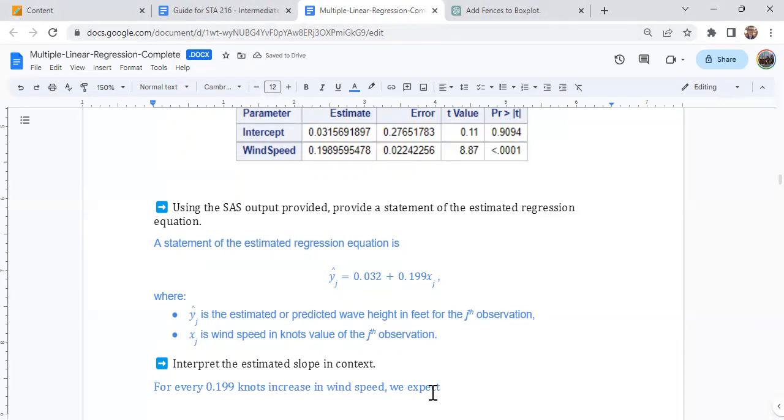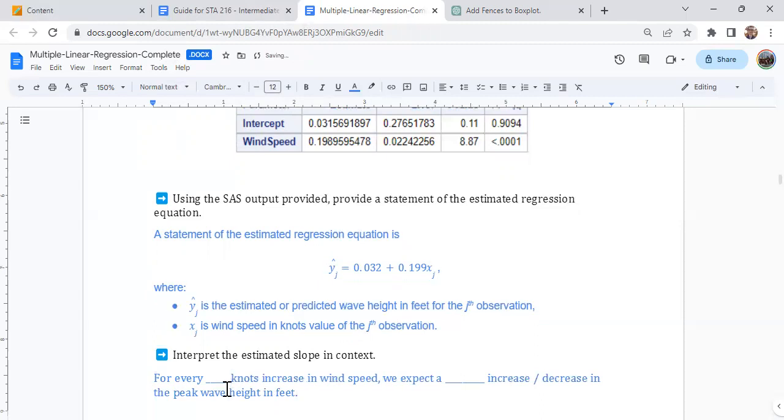I'm sorry, for every, let's see, let's think about how we phrase it. So it's for every something knots increase in wind speed, we expect a blank increase or decrease in the peak wave height. And what do we replace in these blanks here?